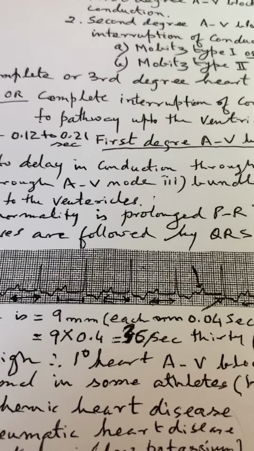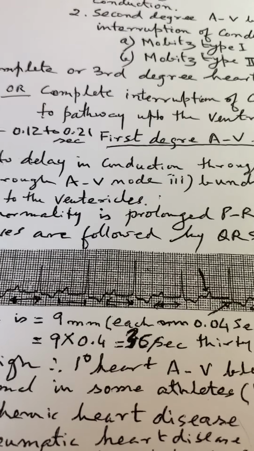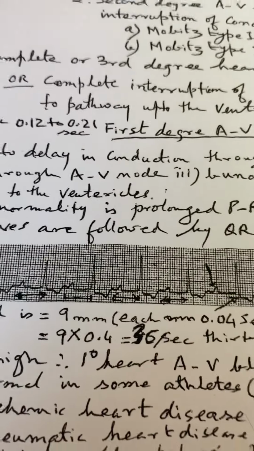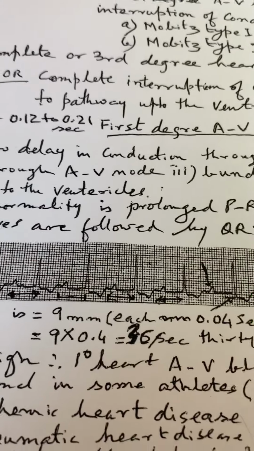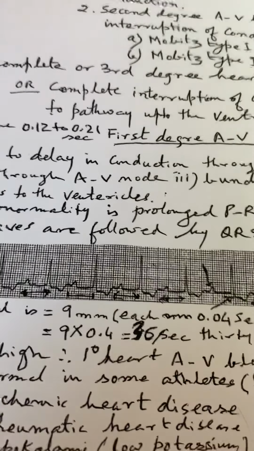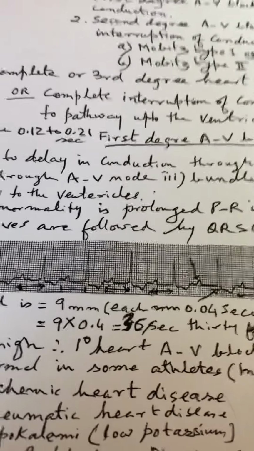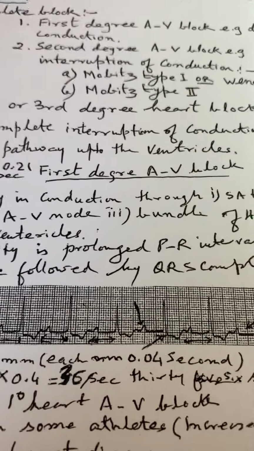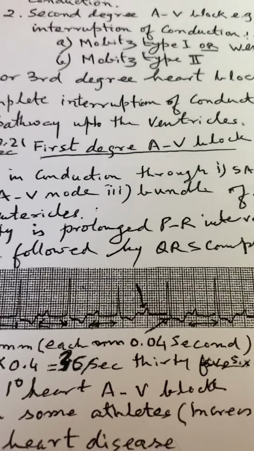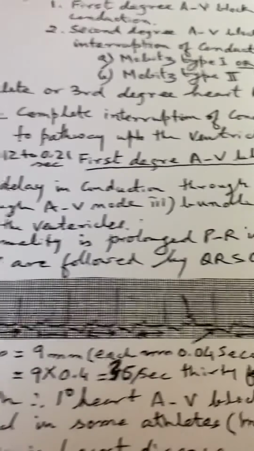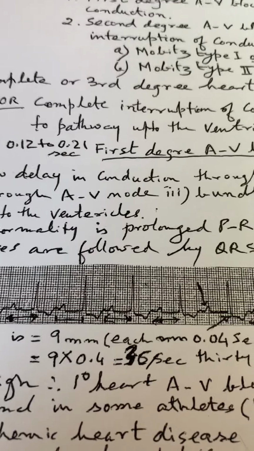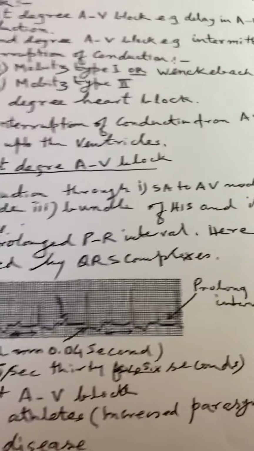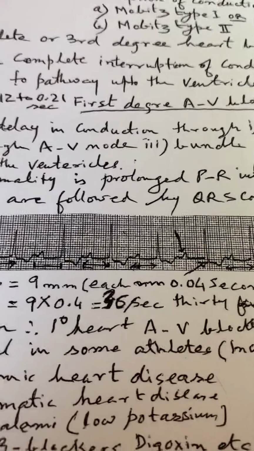SA node, then the impulse will go to the AV node, and in the AV node there is a normal delay of 0.1 second. It will not cross immediately to the ventricle. There is a stopover of 0.1 second in the AV node. Then the conduction goes from the AV node to the bundle of His, then to the Purkinje fibers, then to the muscle.